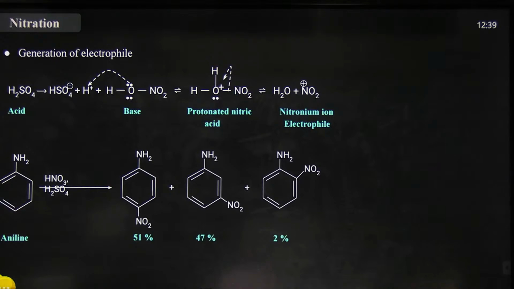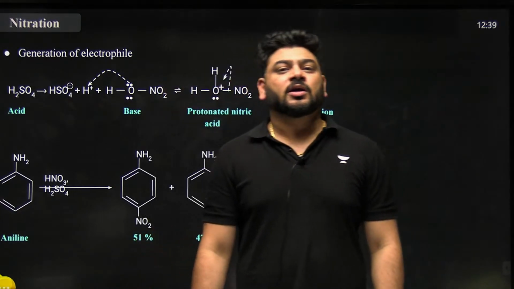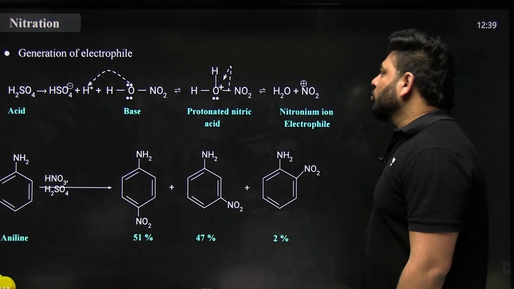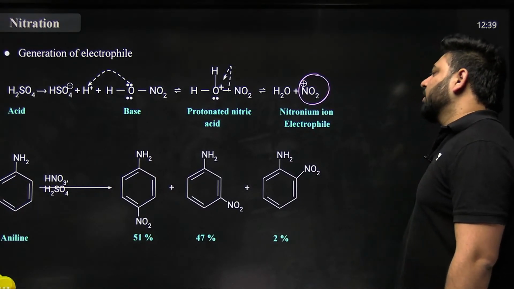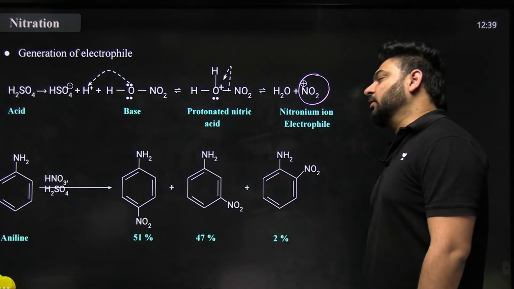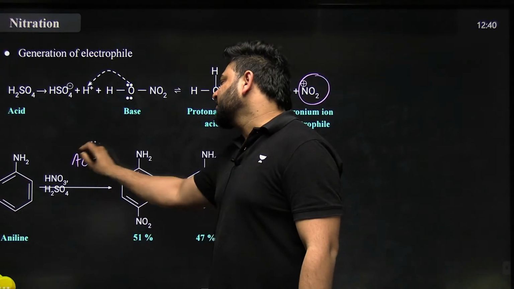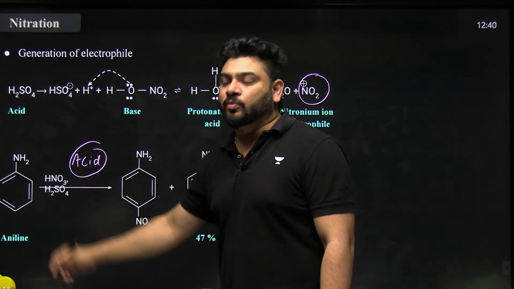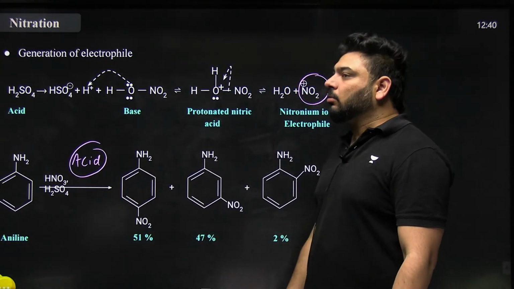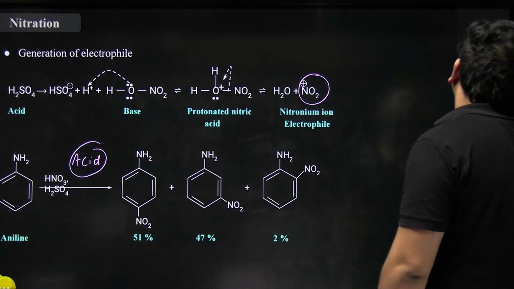Okay, so let's see. So nitration, we all know, concentrated H2SO4 and concentrated HNO3, we use it, and that gives us NO2 positive as an electrophile, which is called the nitronium ion, and this NO2 positive attacks on ortho and para positions, but this reaction is carried out in acidic medium, and this acid attacks the NH2 group of aniline, forming an anilinium ion, which is now meta directing in nature.